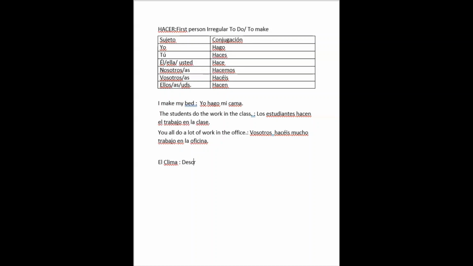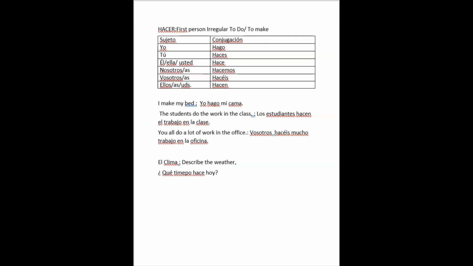Okay, so to describe the weather, we always use the verb hacer. So for example, if I want to say how's the weather today, I'll say ¿qué tiempo hace hoy?